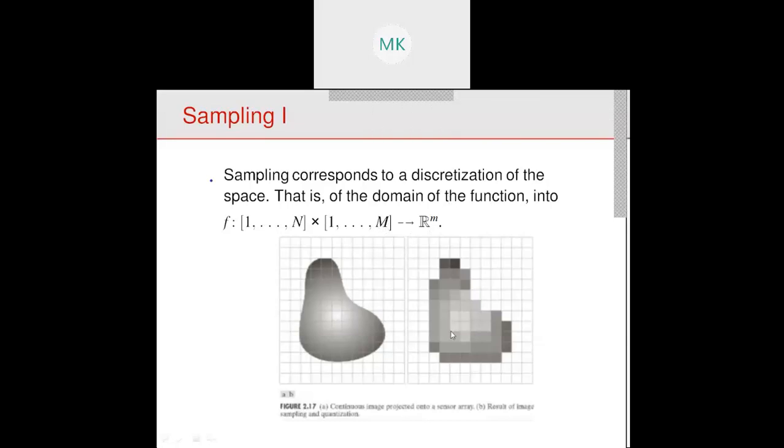This is the staircase, the result showing sampling. It appears in rectangle form. The result of image sampling and quantization appears in the form of black and white pixels. Here is the one-dimensional function, the plot of amplitude of the continuous image along the line segment AB.